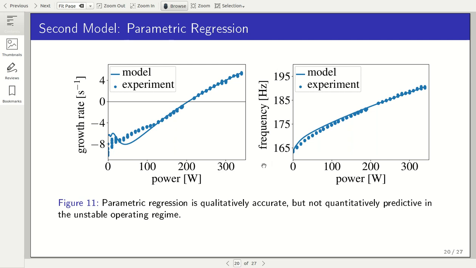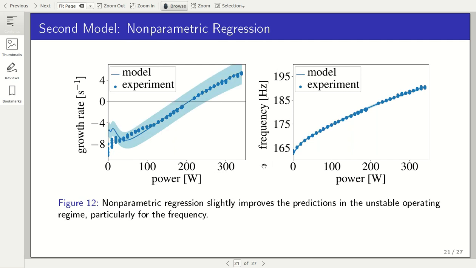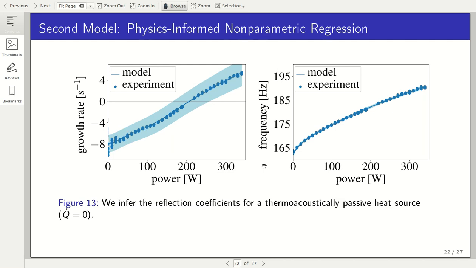Skipping a few steps, which we did for the mass spring damper model, this is after using the expectation maximization algorithm, which slightly improves the growth rate and very clearly improves the frequency predictions. And now introducing again physical information. For example, similar to the mass spring damper model with the damping coefficient, we can very accurately measure the reflection coefficients of our pipe at 0 power.